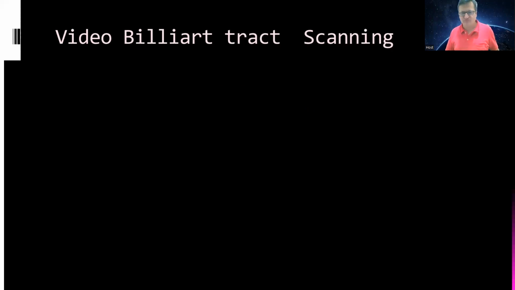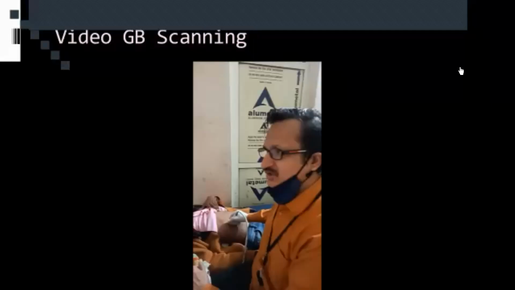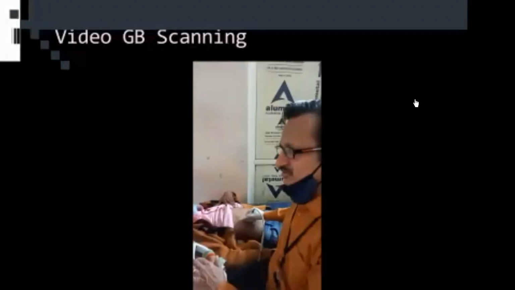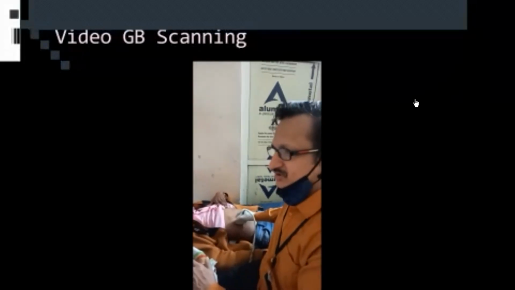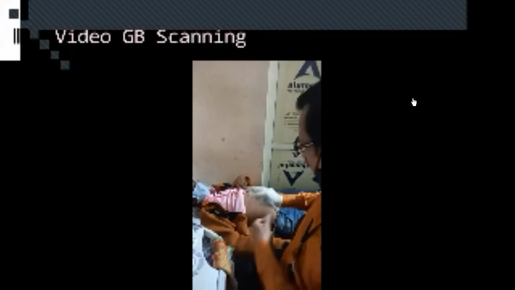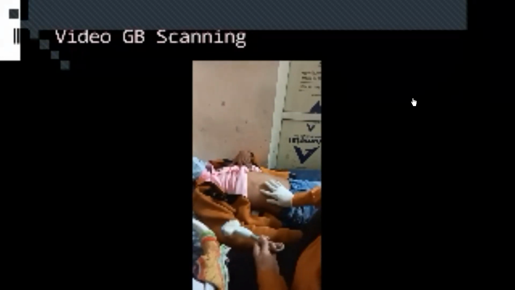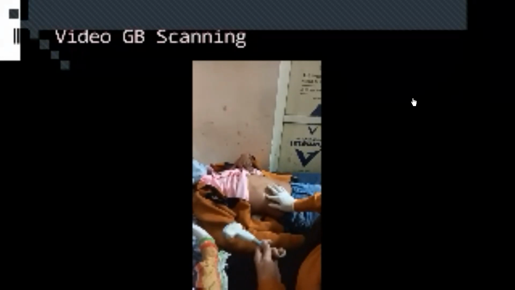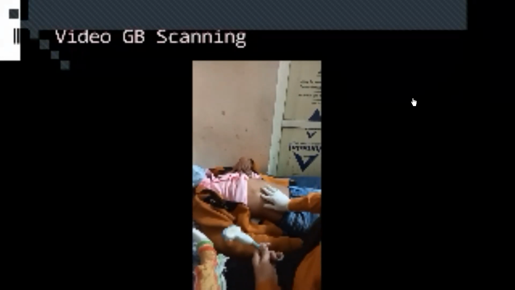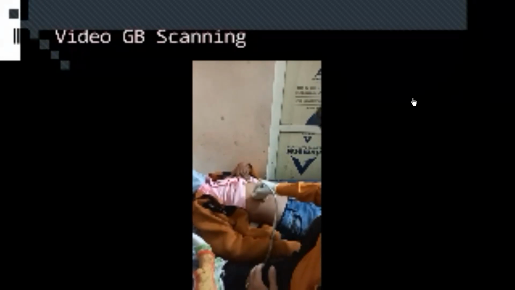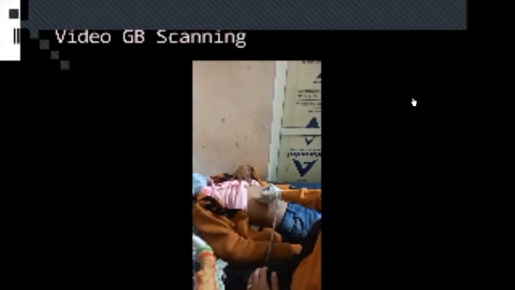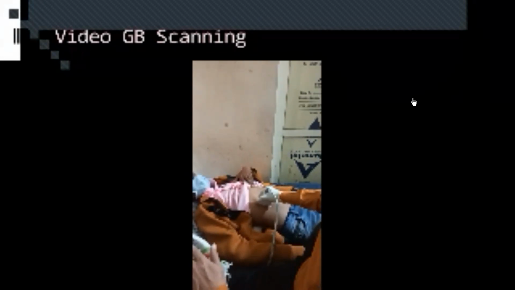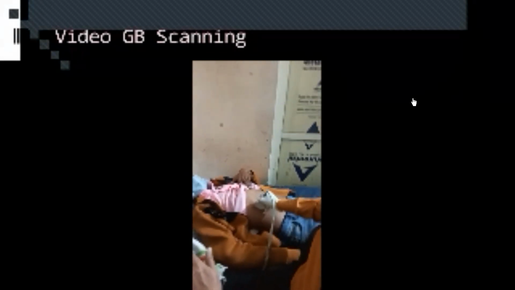We have to put the probe on the same position and try to locate. We are now scanning the gallbladder of the patient. This is my patient. We have to keep the probe at the right medial angle of the rib. It is here. You have to keep it perpendicular to it, and inferior to it, and then we have to scan here.